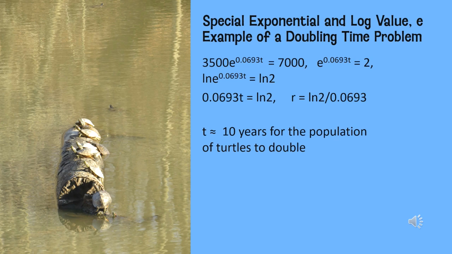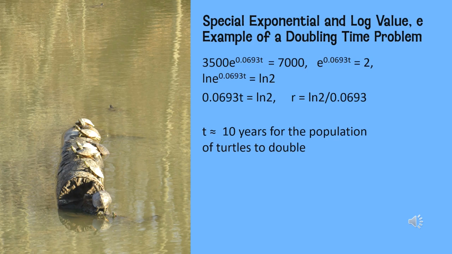I'm assuming continuous growth, so we're going to use e as the base of our exponential function, and the rate is the coefficient of the variable t. So 0.0693 is our 6.93% written in decimal form. We want to set that equal to double the initial amount. 7,000 is double 3,500.